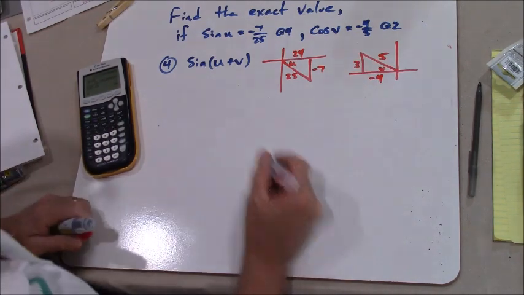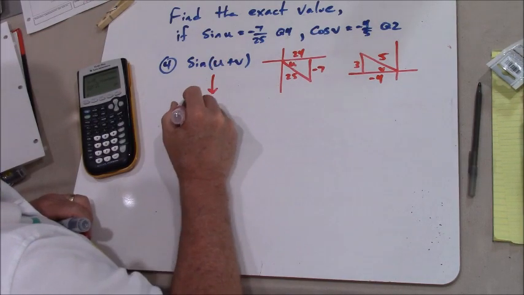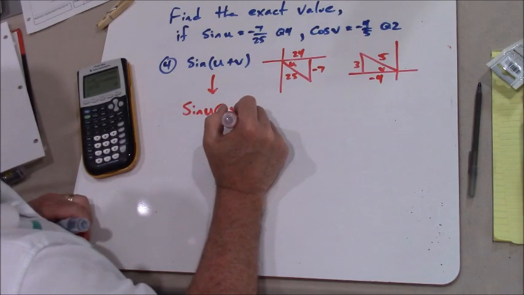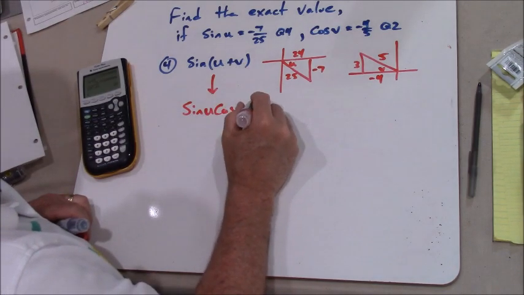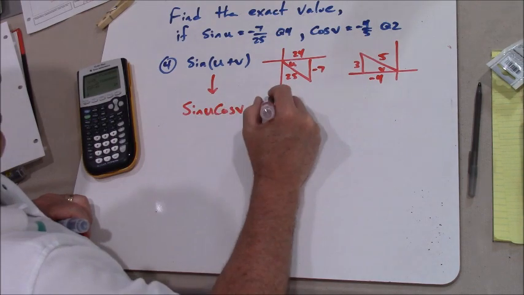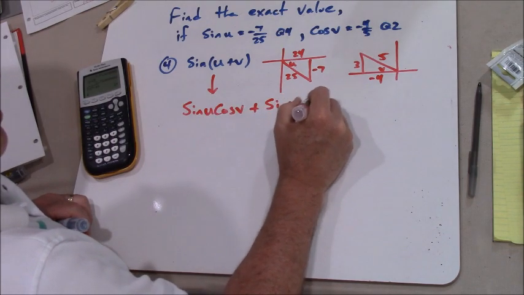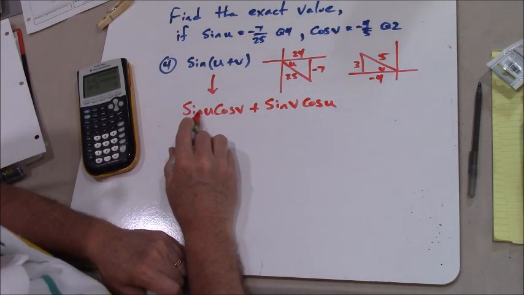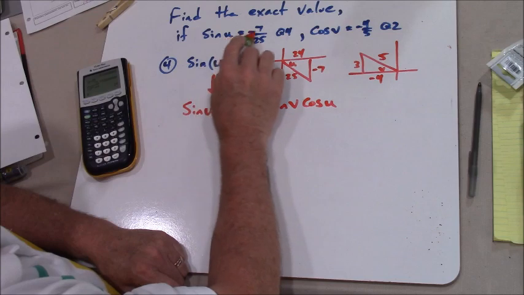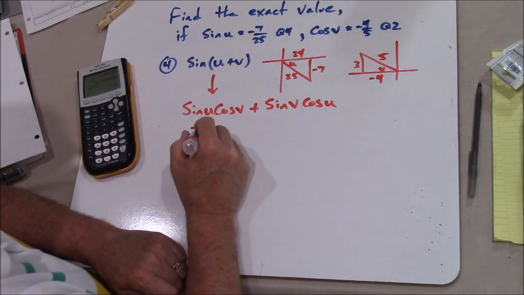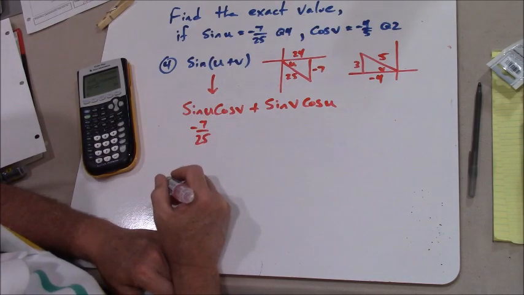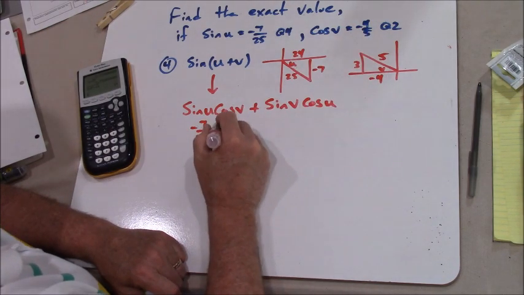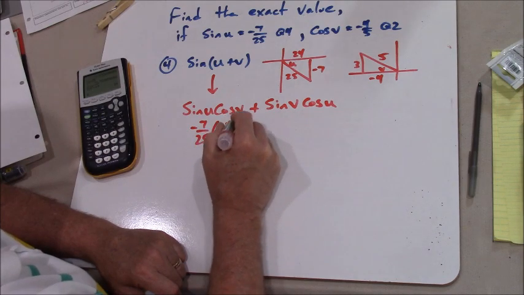Alright, so now I can come back over here and say that this is equal to the sine of angle U, cosine of V, plus, using the same sign as the formula, and then swap the angles: sine of V, cosine of U. So what's the sine of angle U? Well, they told us right here: negative 7/25. Cosine of V, they told us that right here: negative 4/5.